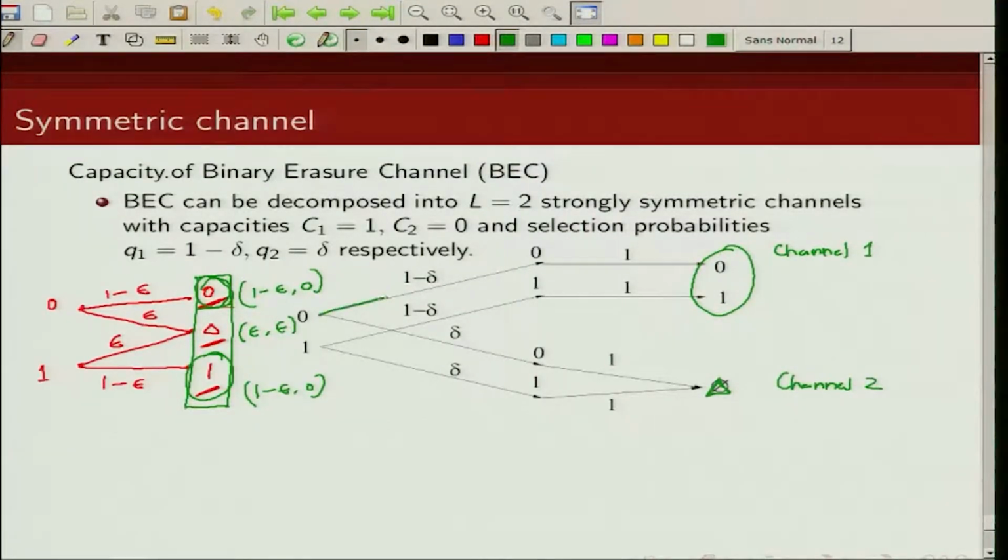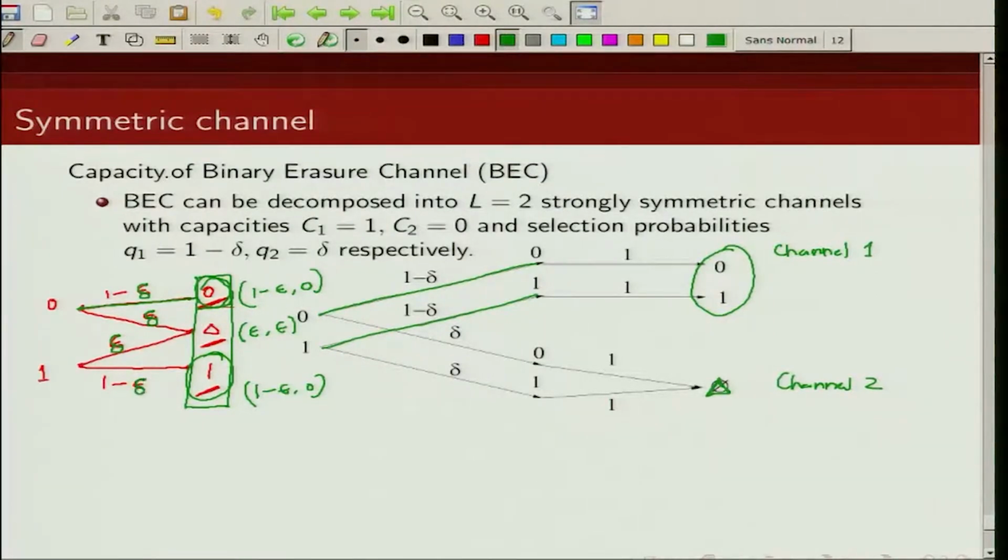Now, what is this selection probability? From the inputs 0 and 1, I reach this set consisting of output symbols 0 and 1 with probability 1 minus epsilon. Okay, let's make it delta because in the text I am following it is 1 minus delta. So let's just change this notation to 1 minus delta.